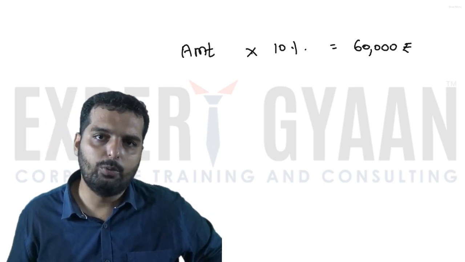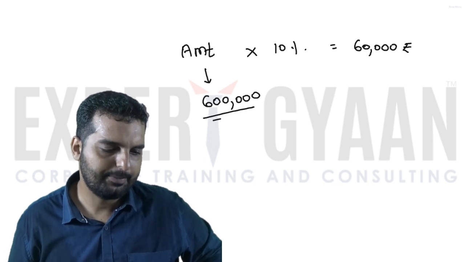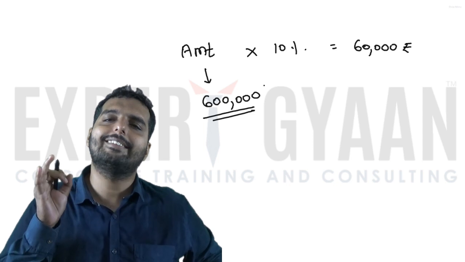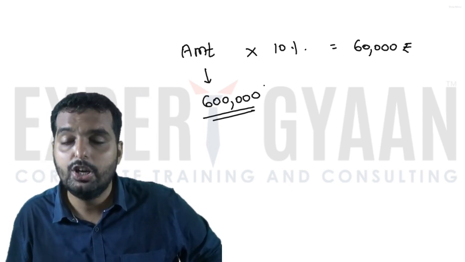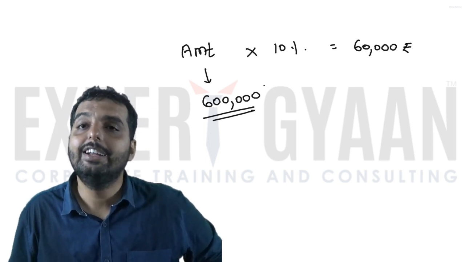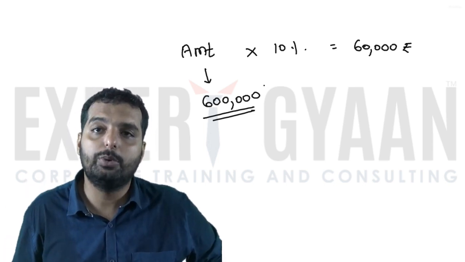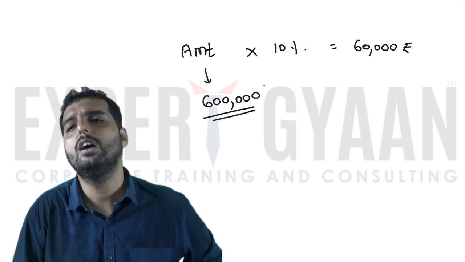When he did a backward working, the answer he got was 6 lakhs. This means if he puts 6 lakhs in the bank today at the rate of 10%, he will be able to make 60,000 rupees every year towards perpetuity, and he will be in a position to afford these Dairy Milk chocolates for this girl.